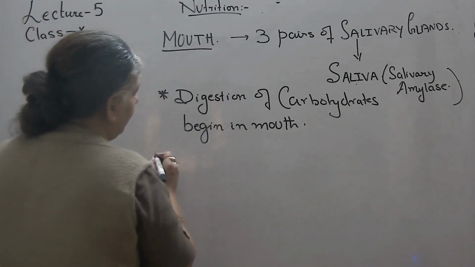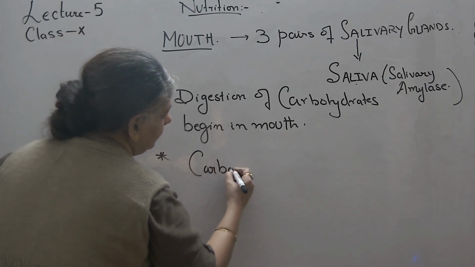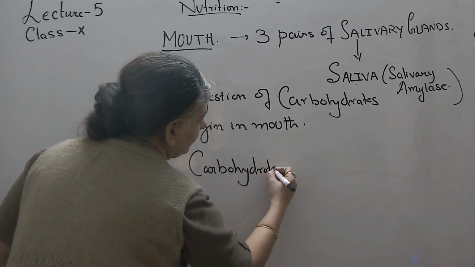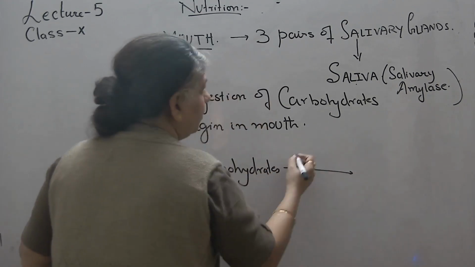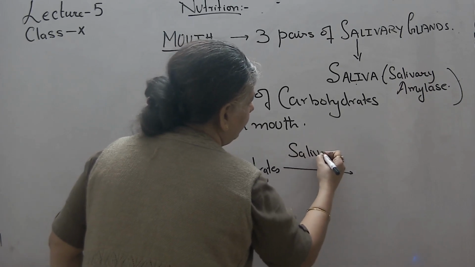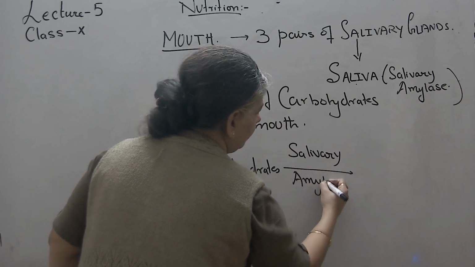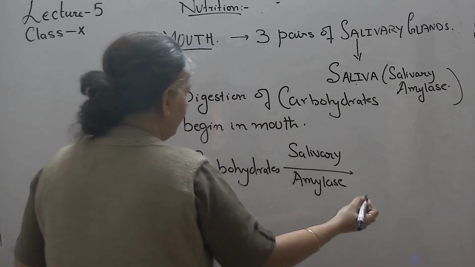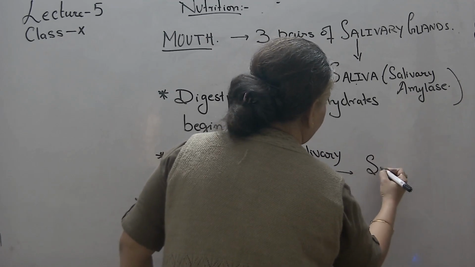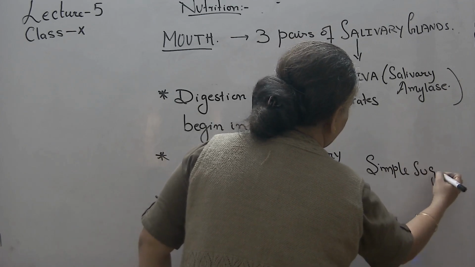So you can write down, carbohydrates are acted upon by salivary amylase and converted into simple sugar.